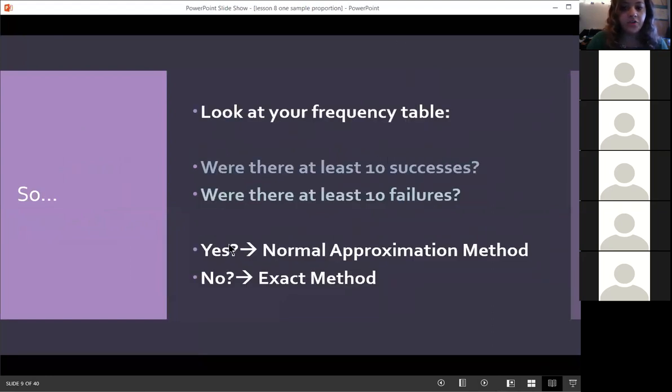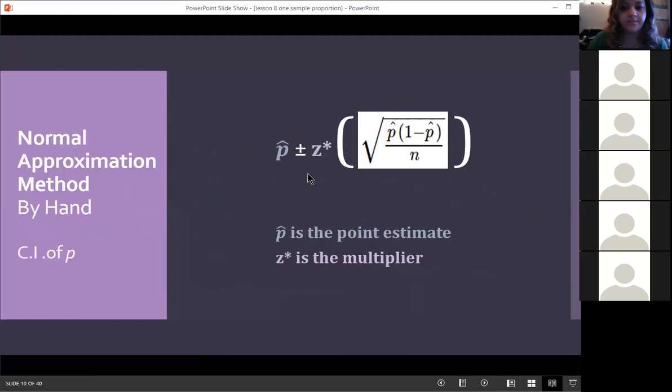If these are true, then we can use the normal approximation method, meaning we can assume it's normally distributed if these conditions are met. If not, we're going to have to use the exact method, which isn't a bad thing, it's just saying we have to make sure that we're more accurate in that case.